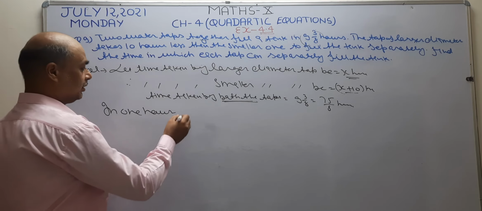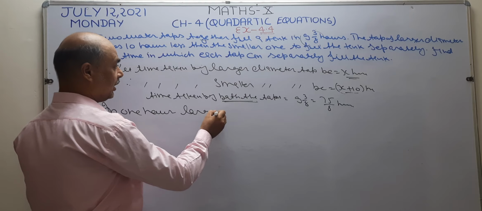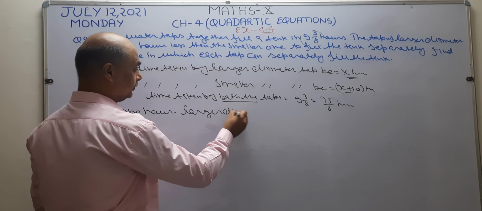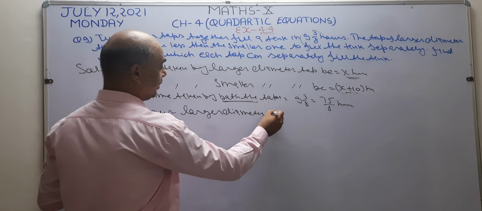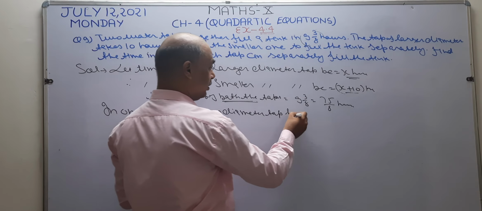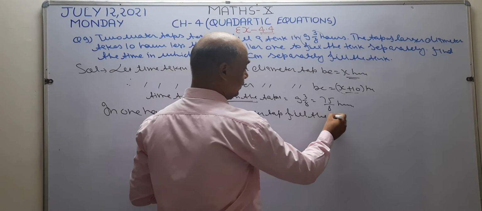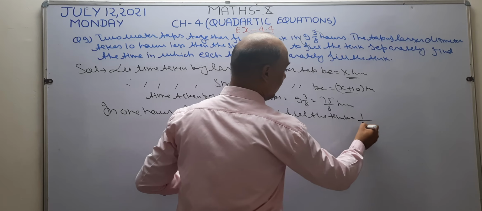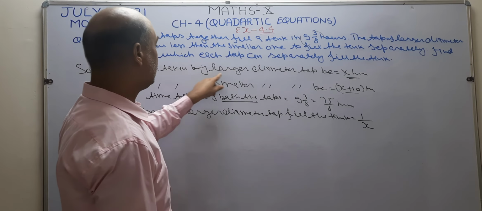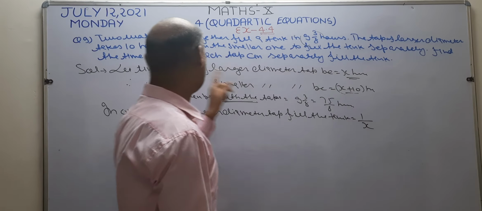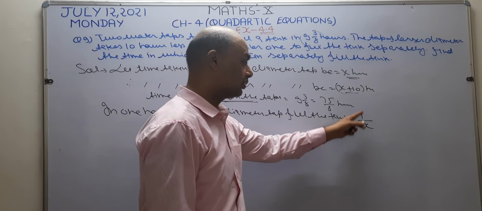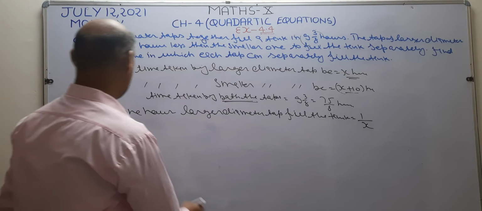In 1 hour, the larger diameter tap fills the tank equal to 1 by x, because the larger tap is going to take x hours, so in 1 hour it is going to fill 1 by x.